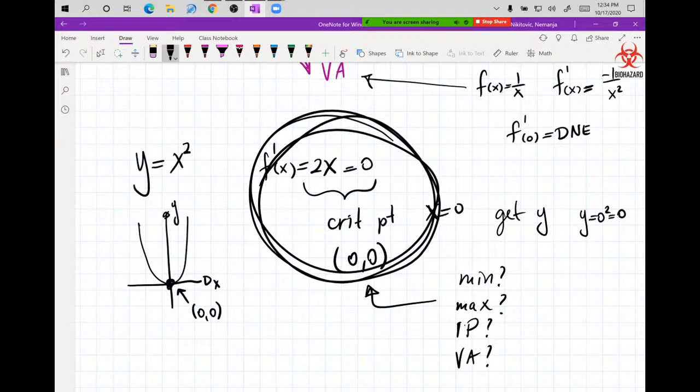It's a critical point. Now, what is the type of the critical point? Which point? What are you talking about, right? So now you have to go in and say, all right, this is my critical point.